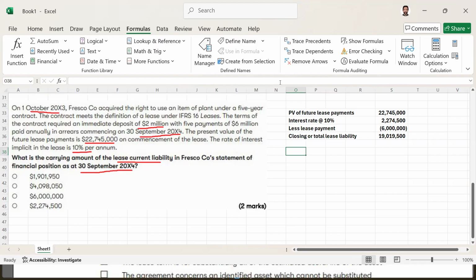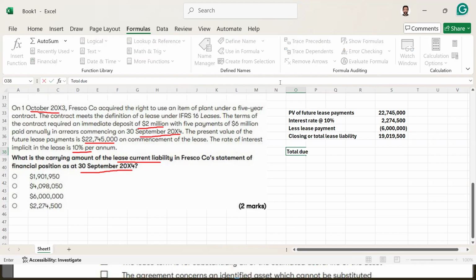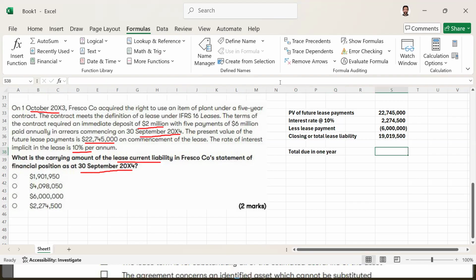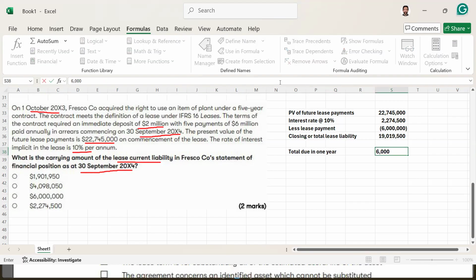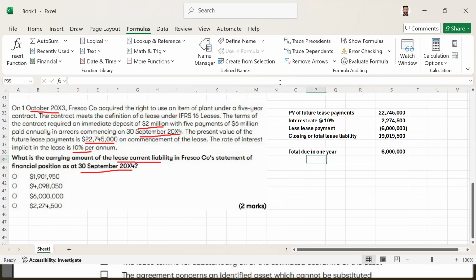So I will just say total due in 1 year is how much? It is 6 million that we have to pay in 1 year's time. However, we are standing at 30th of September 2024, and the next period hasn't come up, and the interest is not going to be due.